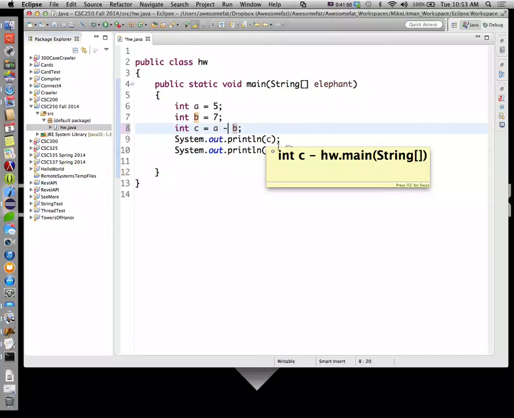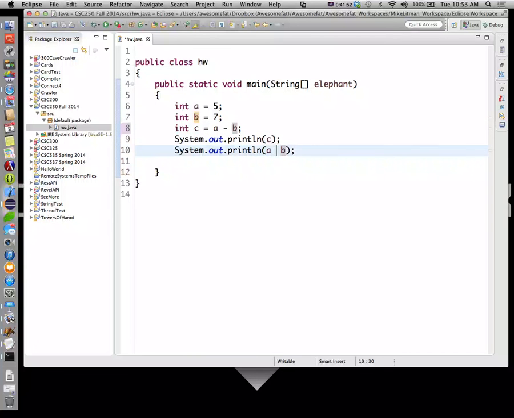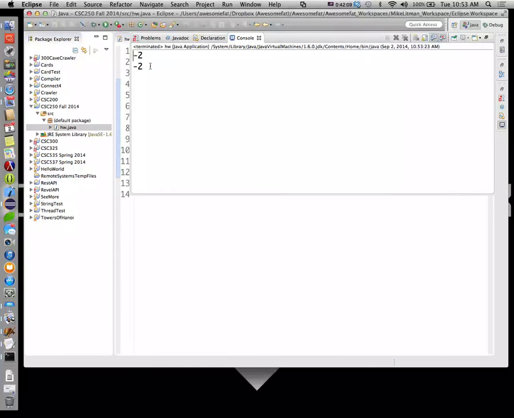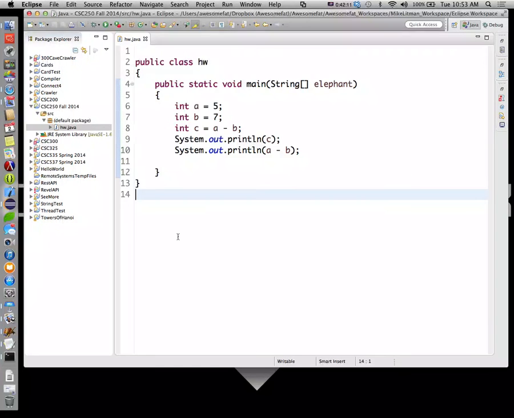What about a minus b? What's the value of c going to be right here? Negative 2? Yeah, negative 2. What's the value here going to be? Negative 2? All right. Let's do this.